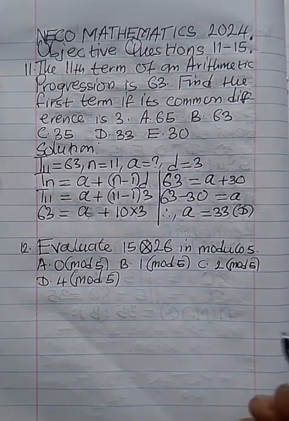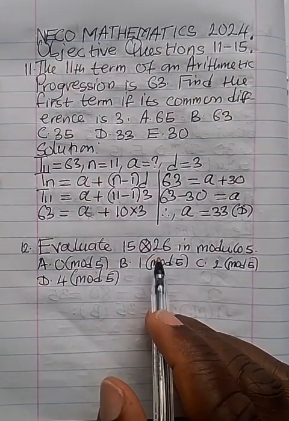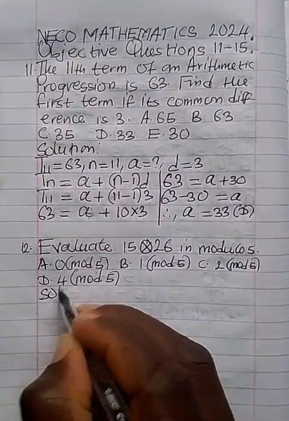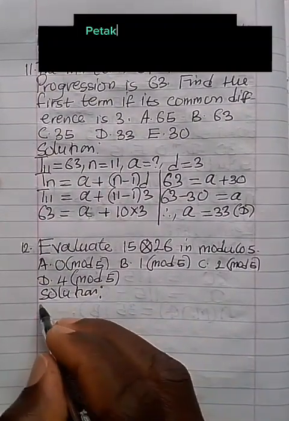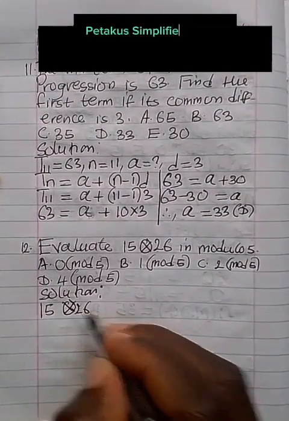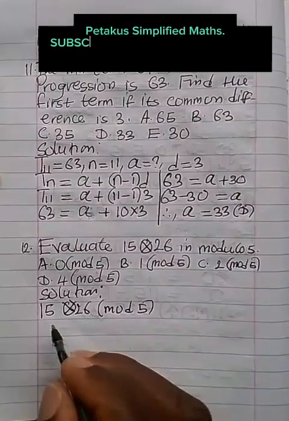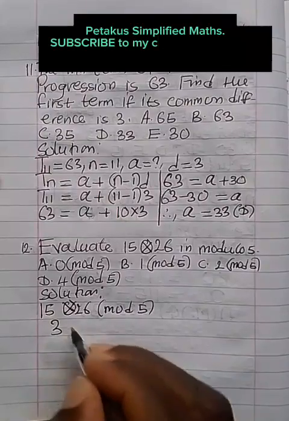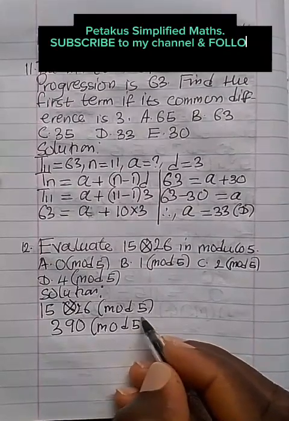Question 12. Evaluate 15 times 26 in modulo 5. We have the solution. The given problem is 15 times 26 modulo 5. If you multiply 15 by 26, you have 390 modulo 5.